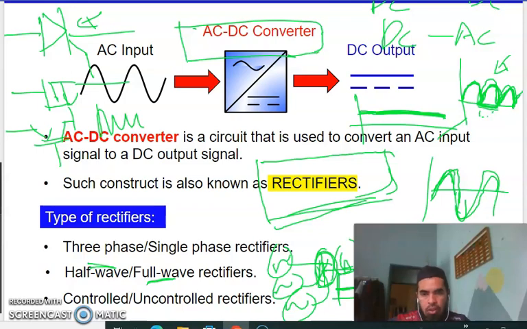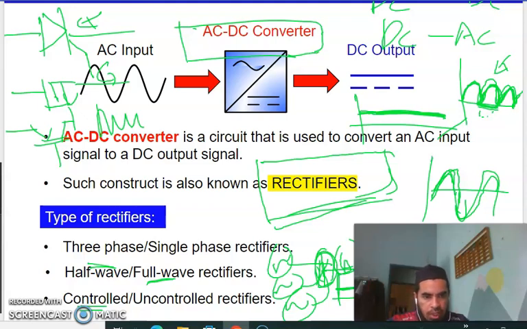For uncontrolled, we use a diode. If you control the rectifier, it means that we are able to control. We introduce a gate control device, a gate control mechanism, so we are able to control on and off. So it is a so-called controlled rectifier. We are able to control when to switch on or when to switch off.